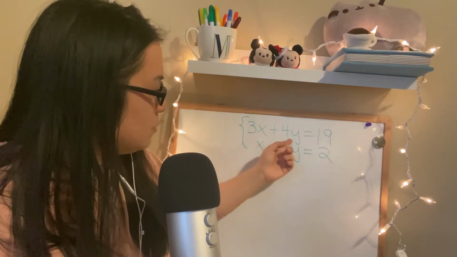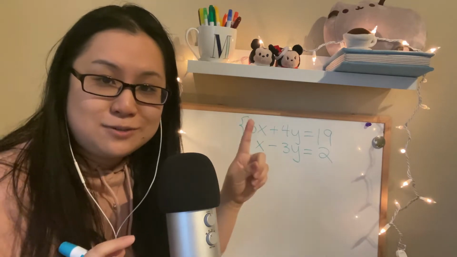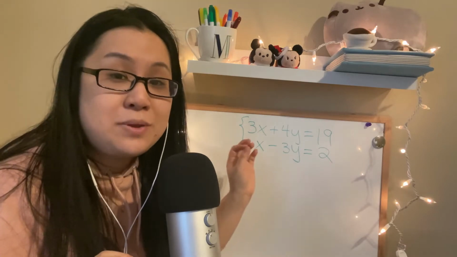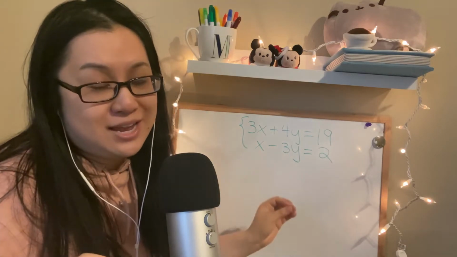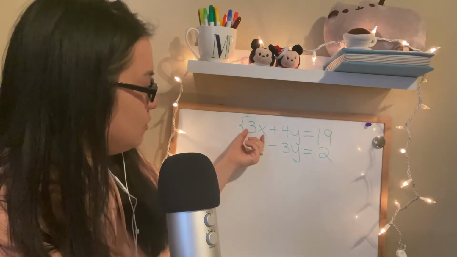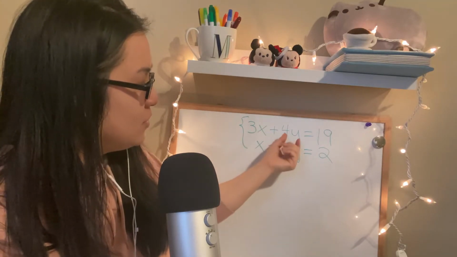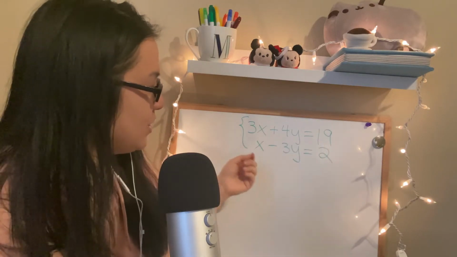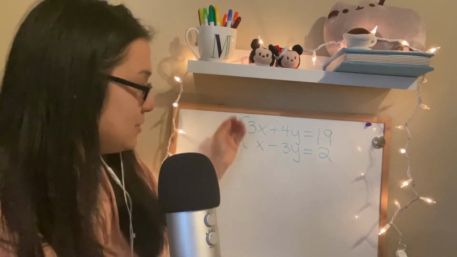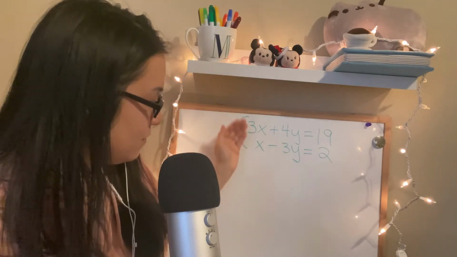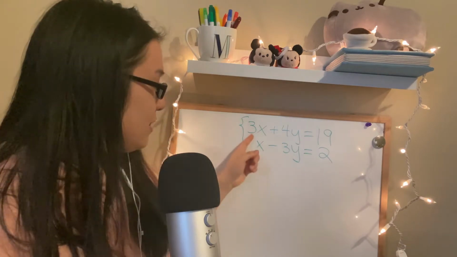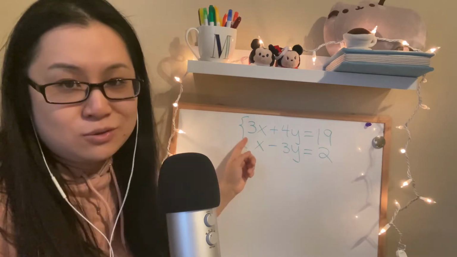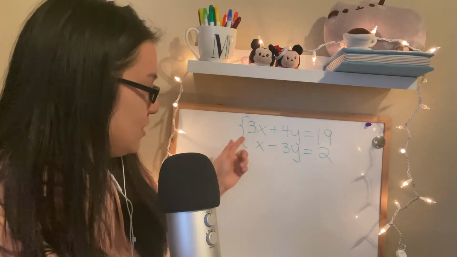So why do we multiply first? Good question. The order of operations tells us that we multiply before we add or subtract. So we do 3 times my first number and 4 times my second number, and then I add, and that should give me 19. At the same time, since this is a system of equations, I also want that first number, just x alone, maybe just a 1 times itself, and 1 times anything is itself.